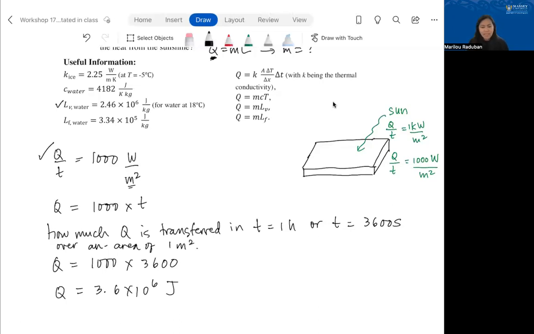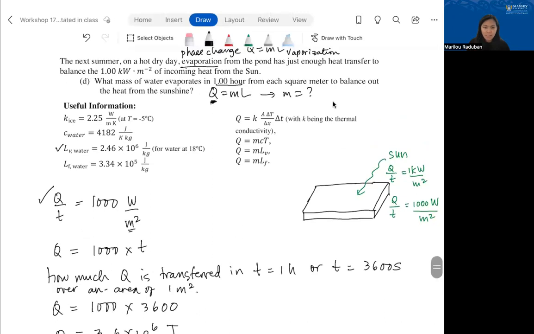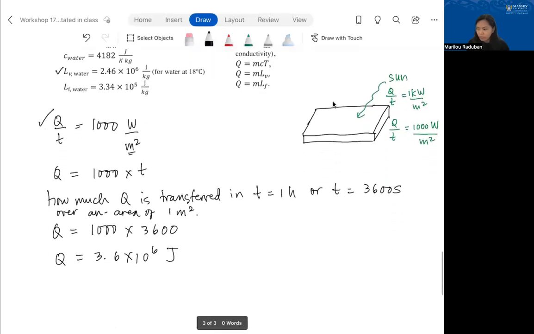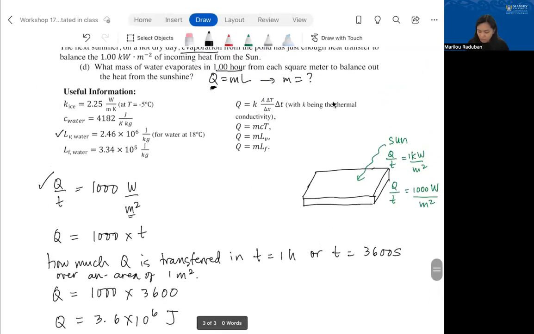Okay, does that make sense? All right, good. So once you know how much Q, or how much heat, is transferred over that 1 hour, then you'll be able to find the mass of water that evaporates.